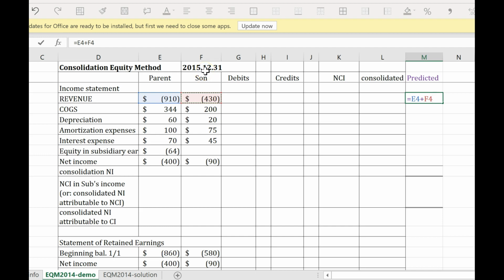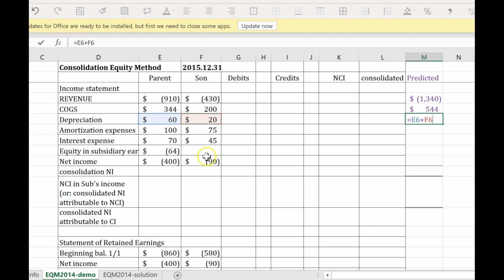This is not the acquisition date consolidation, which means at the first date of consolidation, the revenues should be consolidated. So that's the parent plus the subsidiary. It is the same for the cost of goods sold because both companies incur the cost. For depreciation, theoretically, it's also the parent's number plus the subsidiary's number.